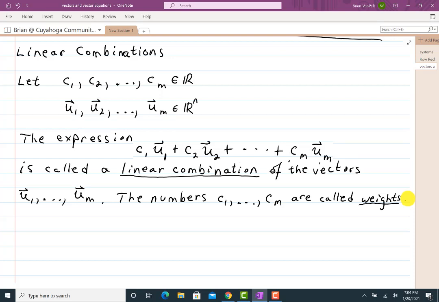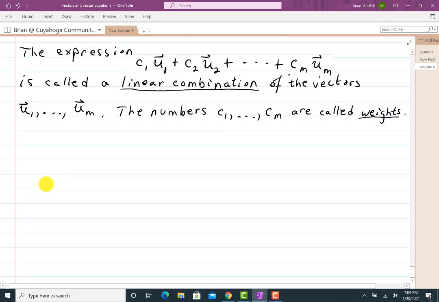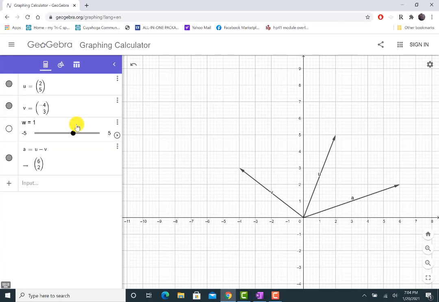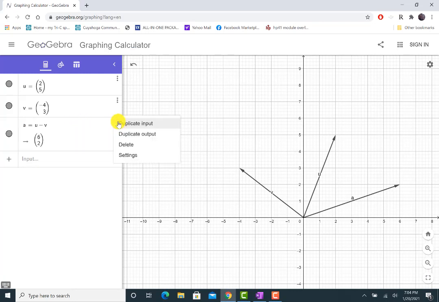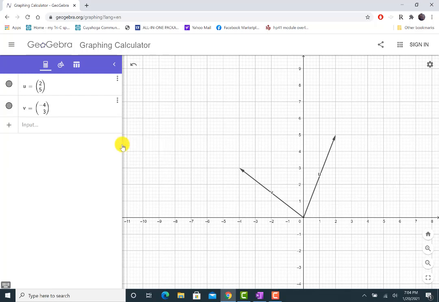So let's take a look here. Let me come back to Geogebra. I'll get rid of these other ones for now. And I want to show you what some linear combinations look like.